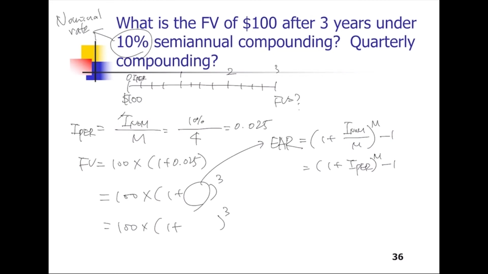How many times do we compound? Yes, 4 times in a year, and we have 3 years, so 12 times. What about EAR? Yes, there is a single payment here, so we can use EAR also. So in this case, the period rate is 0.025 and m is 12, right? And minus 1.